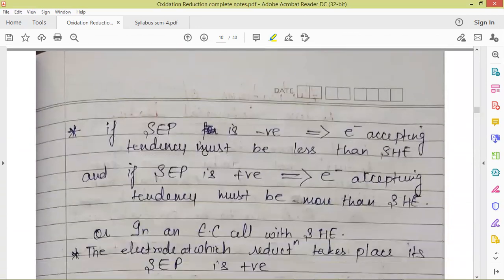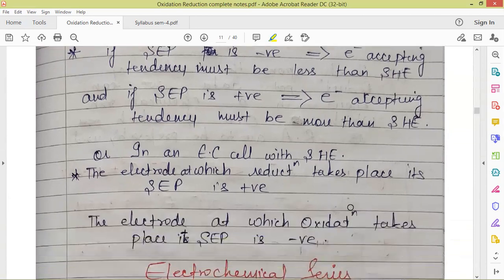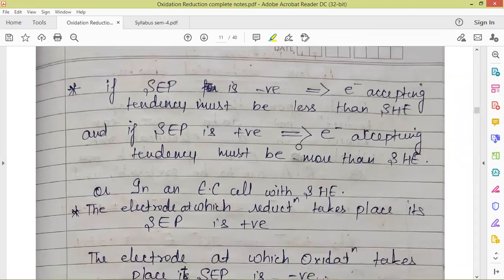If the standard electrode potential is negative, the electron accepting tendency is less than that of the standard hydrogen electrode. And if it is positive, the electron accepting tendency is more than that of the standard hydrogen electrode. So for zinc, it came out negative, meaning its electron accepting tendency is less, and for copper the tendency is high.